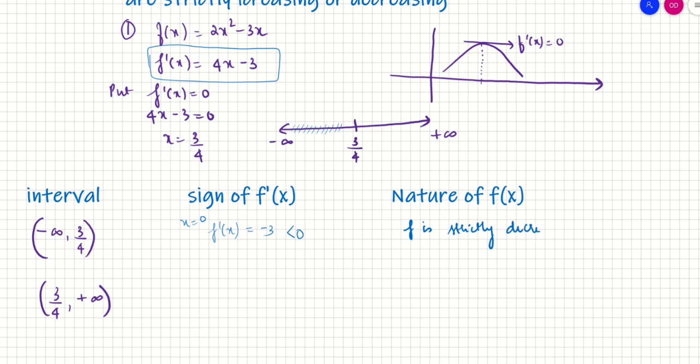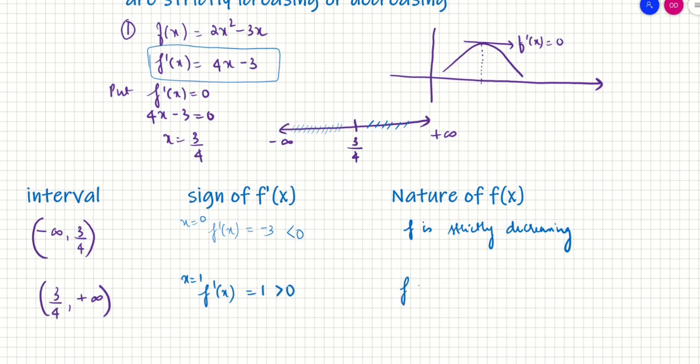Now let's consider the second interval. Let's take any value in the second interval. I can take 1, 2, 100, 1000, anything. I'll take x is equal to 1. So if I take x is equal to 1 and substitute it in f dash of x, we get 4 minus 3, which is 1, which is strictly greater than 0.